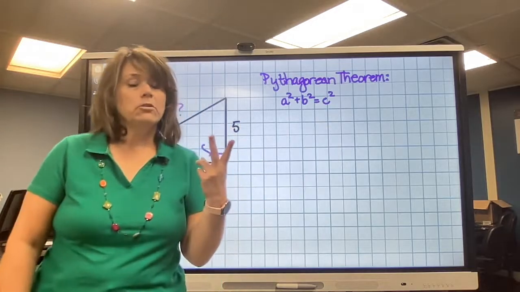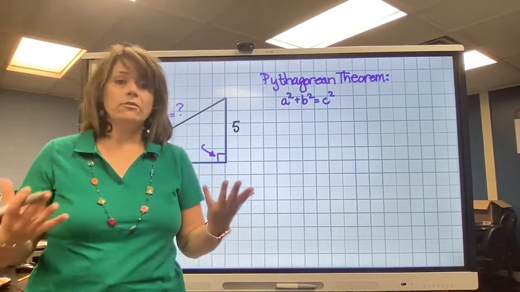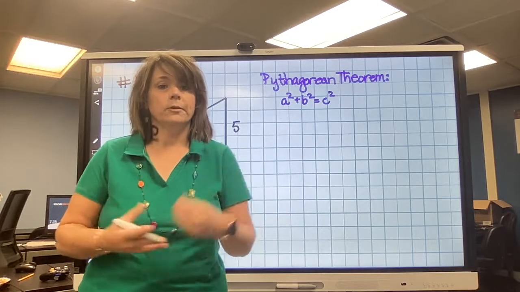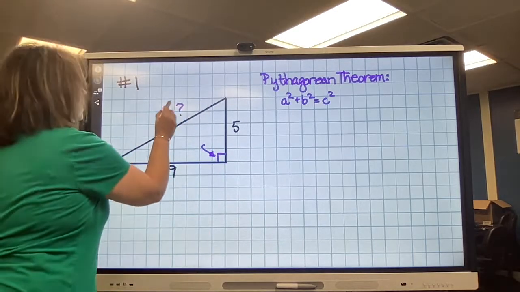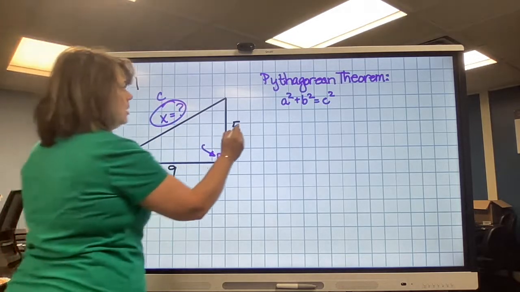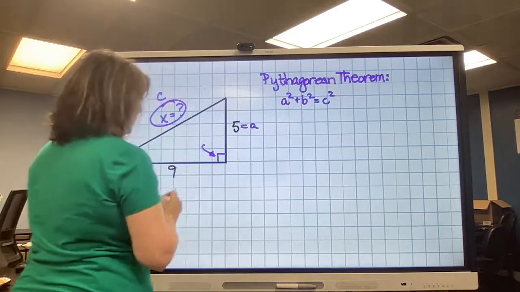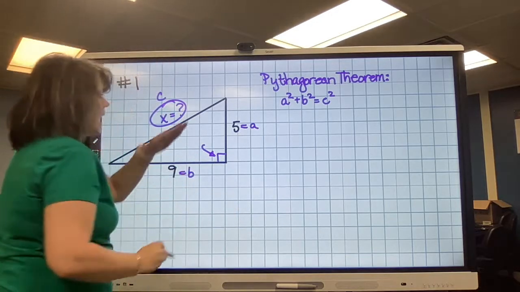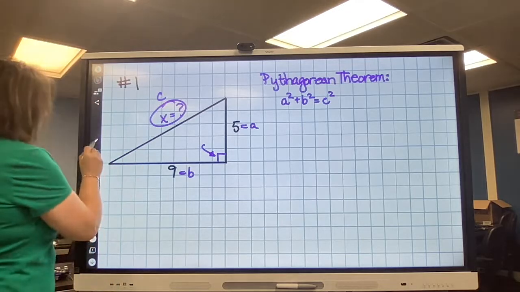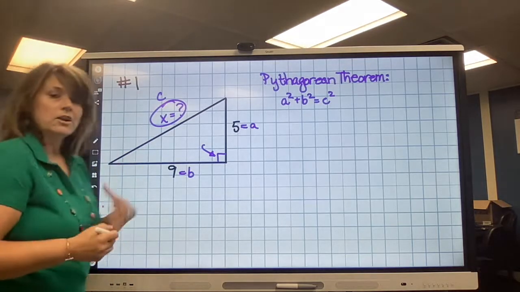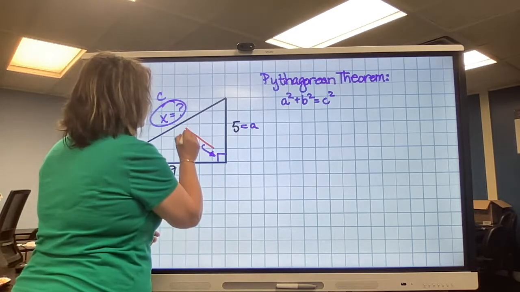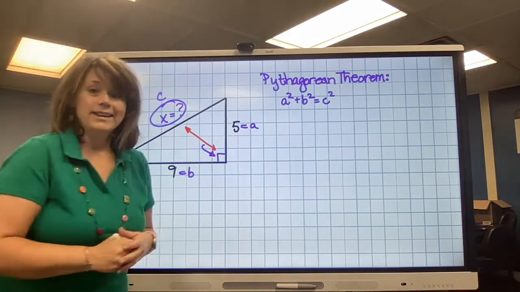So as long as we know 2 out of the 3, we can solve for whatever missing side length we're looking for. So for this example here, we're looking for the hypotenuse. Remember, which is C. We can call this leg A. We can call this leg B. Our hypotenuse is always C. A reminder about the hypotenuse, remember we can always tell which side is the hypotenuse because it's directly across from your 90-degree angle.